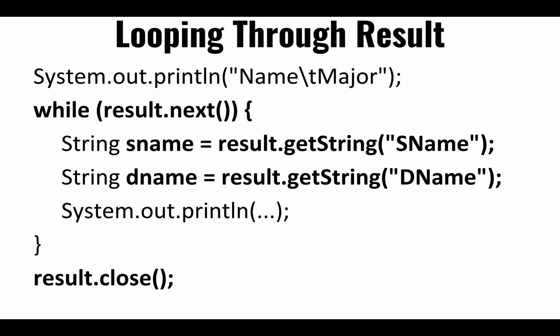And it gives you an API that allows you to iterate over that result set. Notice that the way we're iterating over it is that we're repeatedly calling result.next. So that next returns true as long as there are more rows to iterate over. When there are no more rows, it returns false, and you will fall out of the loop. Okay?